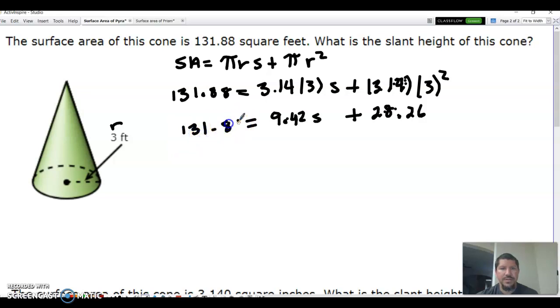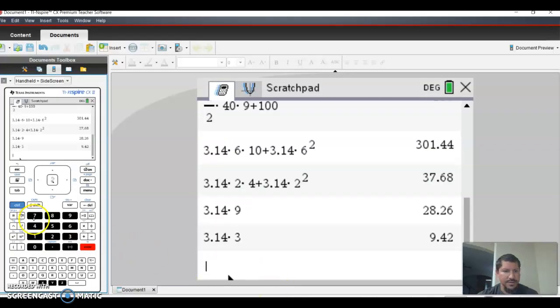Really simple equation. We just have to put everything in and simplify it. So we're going to subtract 28.26 from both sides.